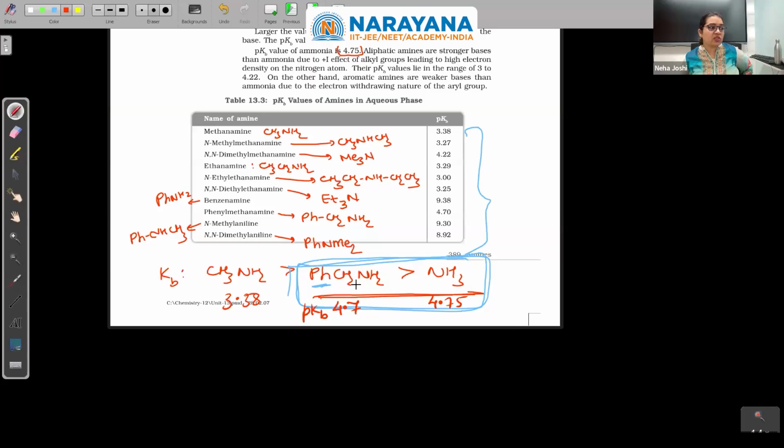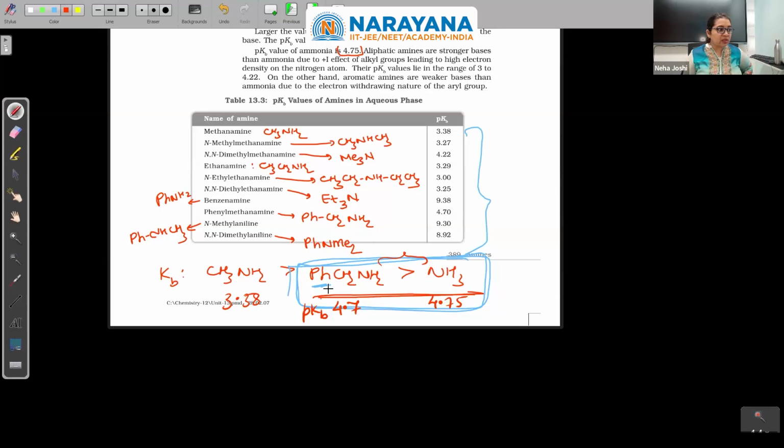So CH3NH2 is a stronger base, then PhCH2NH2, then ammonia. You will say, what is there to notice? This you will justify: CH3 has a plus I effect, so CH3NH2 is the stronger base. Well and good. But how will you justify that PhCH2NH2 is a stronger base than ammonia? Here the Ph minus I effect is not that important.